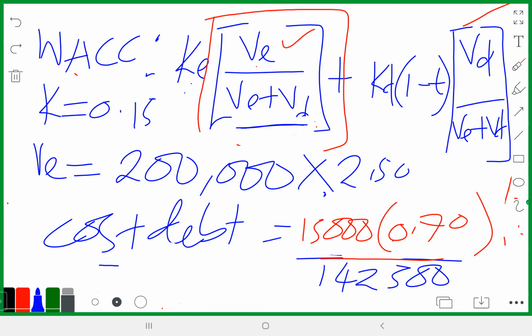What is the cost of debt in percentages?